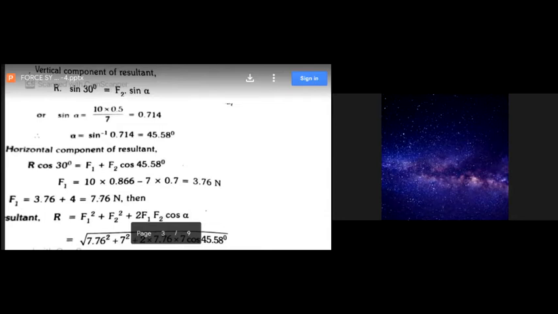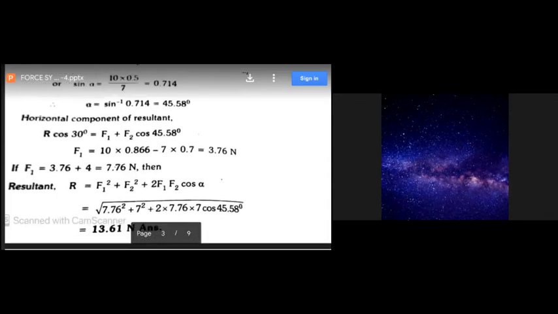So F1 equals R cos 30, that is 10 into cos 30 value, minus F2, which is 7 cos alpha. So substitute the values calculated in this equation and find F1. So we will get F1 as 3.76.